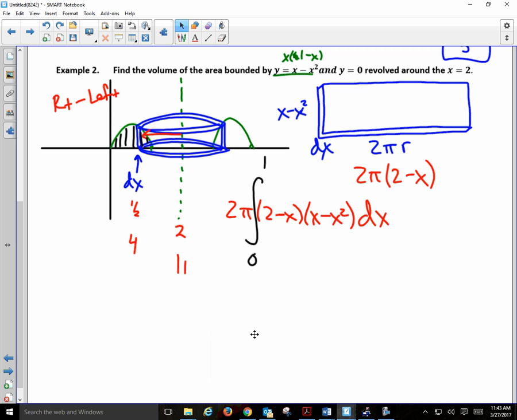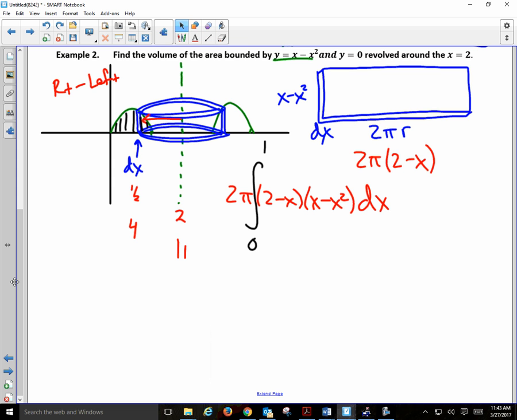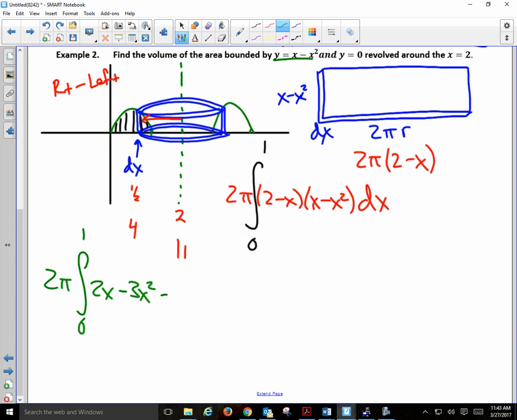All right, here we go. Two pi times the integral. 2 times x, 2x. Negative x times x is negative x squared. Negative 2x squared is a negative 3x squared. And then negative x times negative x squared is going to be a positive x cubed dx.